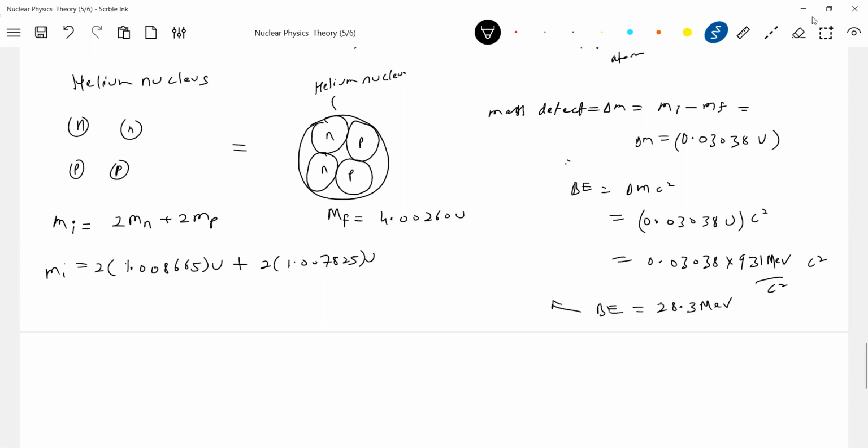Where is this energy available? The binding energy which is available to bind the nucleons together is used. This much energy is used to bind the nucleons together.